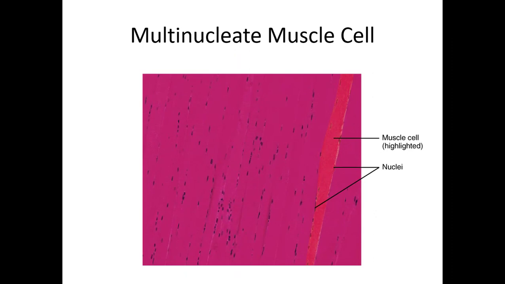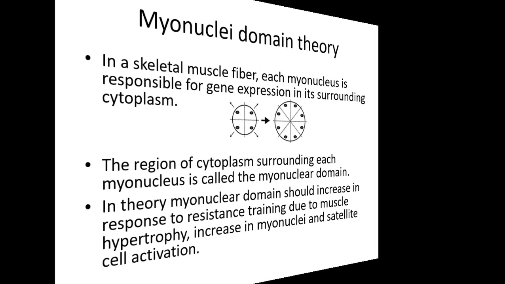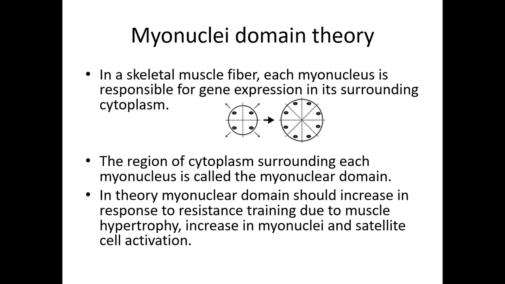This highlighted one is a muscle cell, or fiber, and as you see, there are many nuclei in the muscle fiber. In a skeletal muscle fiber, each myonucleus is responsible for gene expression in its surrounding cytoplasm. The region of cytoplasm surrounding each myonucleus is called the myonuclear domain.